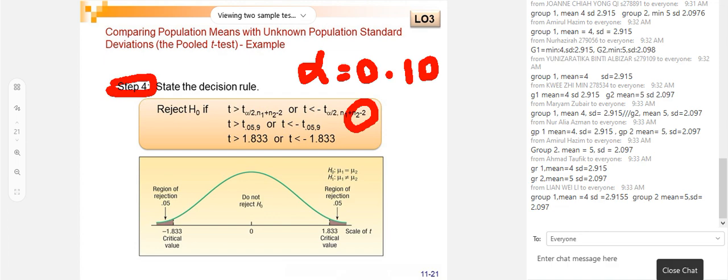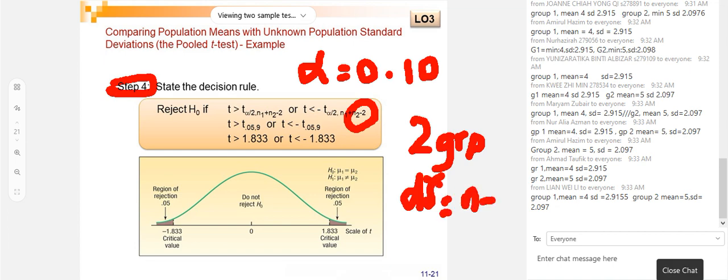So, tolak satu tambah satu. Faham tak, Doktor? Memang tak faham pun. Because we have two groups, kita ada dua group, that means group Wheels dengan group Atkins. Jadi n1 plus n2 minus 2. That means degree of freedom. Degree of freedom adalah n minus 1. Okay, jadi kita ada dua group, jadi 2n minus 2. Boleh?